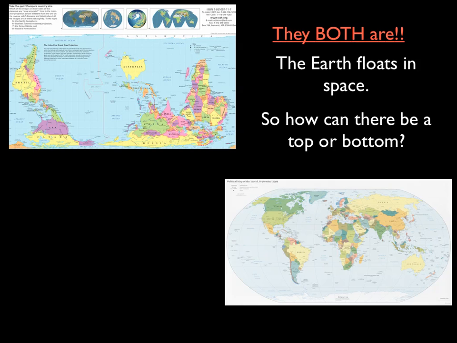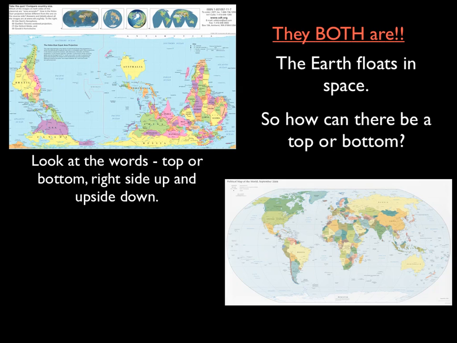where the premise begins. And it starts with the words top or bottom, right side up and upside down. And if you think about the term top, it's actually a loaded term. Consider being on top of the world. That's a really good thing. That's when we're at our best, at the peak of our current perception of ourselves.